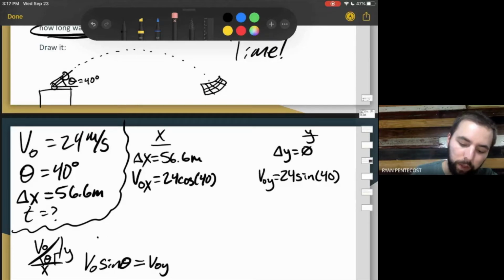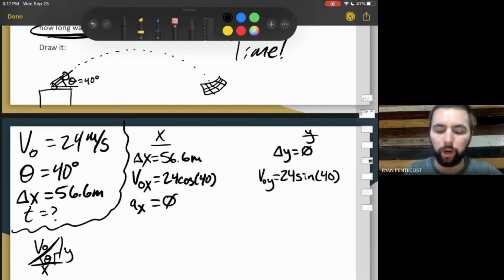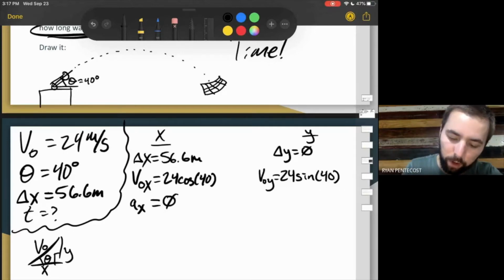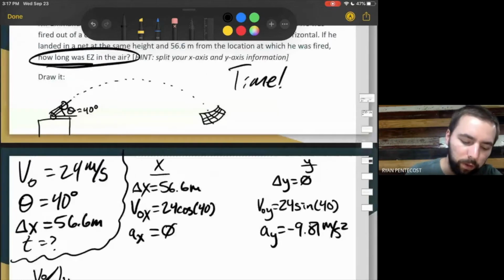Let's see what we can get conceptually for V final, right? So acceleration in the X is going to be 0 still. There's no air drag. Acceleration in the Y over here would be negative 9.81 meters per second squared. But let's look conceptually. If he is launched up with a certain V naught Y component, right?